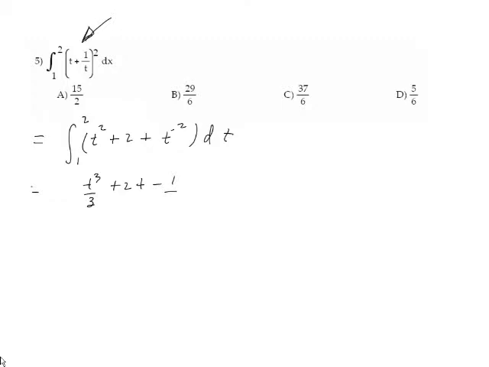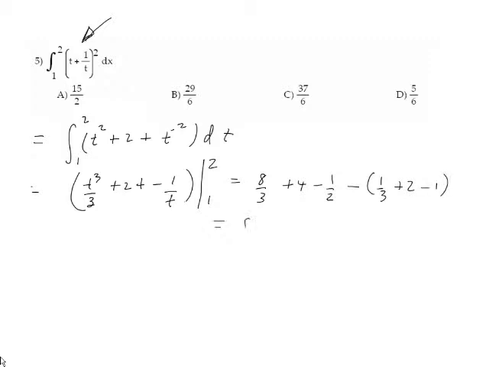Integrating this, we get t cubed over 3, that's finding the antiderivative, plus 2t minus 1 over t. And we evaluate this according to the fundamental theorem of calculus between 1 and 2. And so this equals 8/3 plus 4 minus 1/2 minus 1/3 plus 2 minus 1.